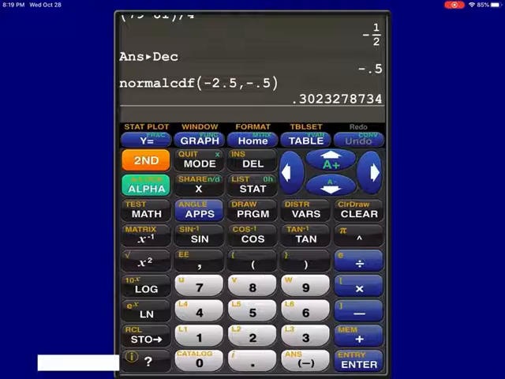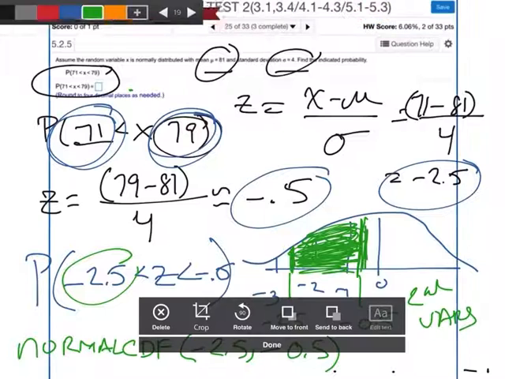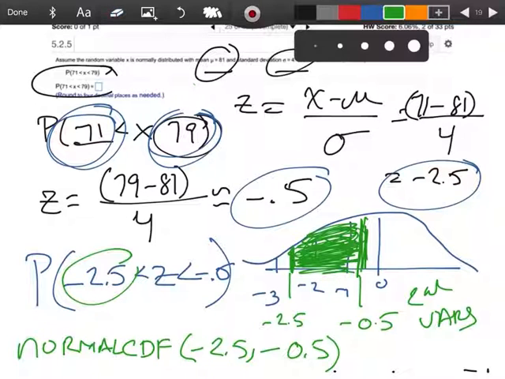And I'm going to go to 4 decimal places again, 0.3023, and that's the answer right here. That's supposed to be a 3 right here. Looks a little messy.